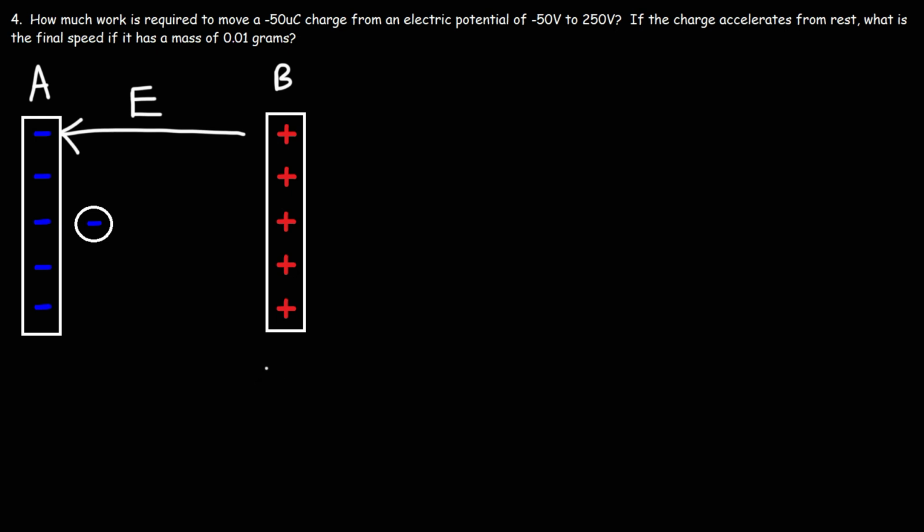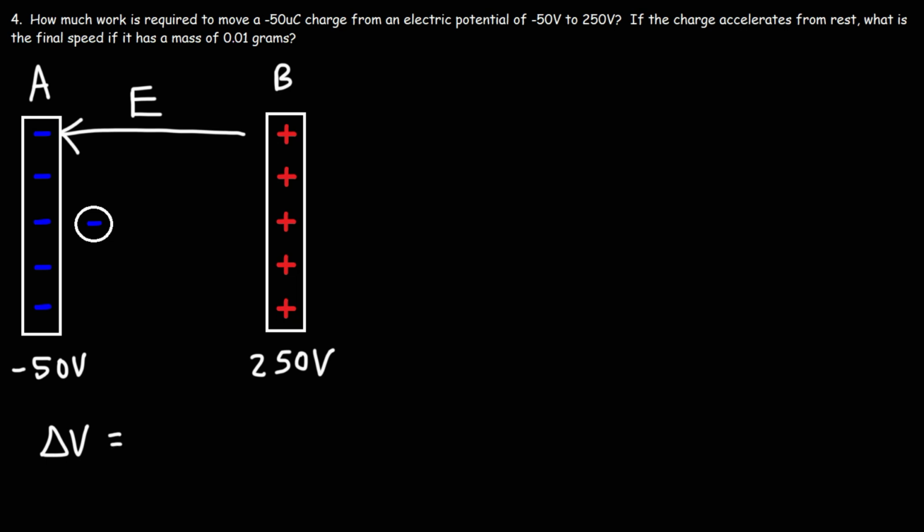Now, the positively charged plate is going to have a higher potential, an electric potential of 250. The negatively charged plate is going to be at a lower potential, negative 50. The voltage between these two is the difference of those two numbers.